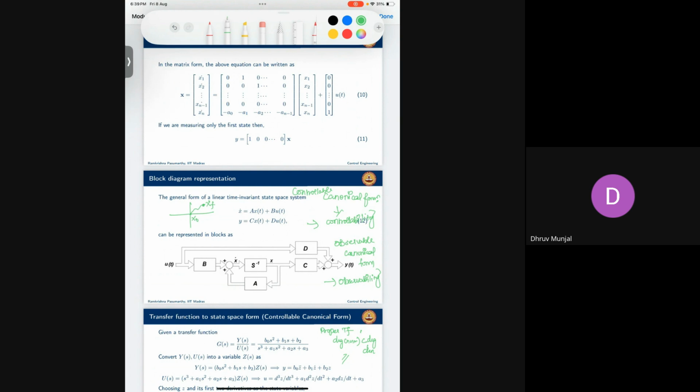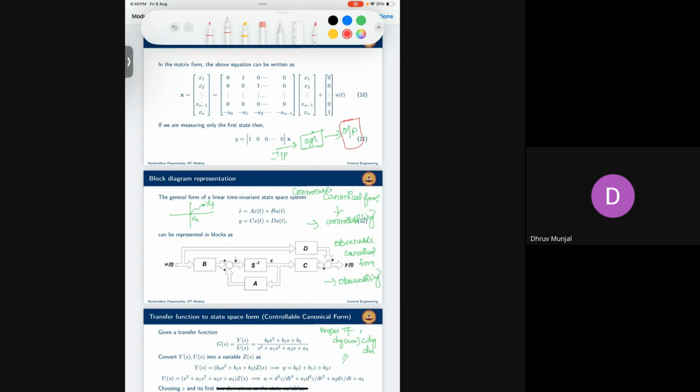Observability. Can we determine the internal states of the system from its output over time? For example, I have a black box system. I am giving an input, and based on that, I am getting one output. So I am asking, with the knowledge of the output and input, can I know the system states?